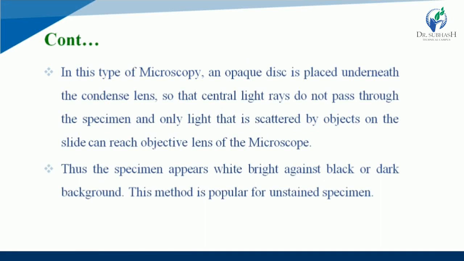In this type of microscopy, an opaque disc is placed underneath the condenser lens so that central light rays do not pass through the specimen, and only light that is scattered by the object on the slide can reach the objective lens of the microscope.